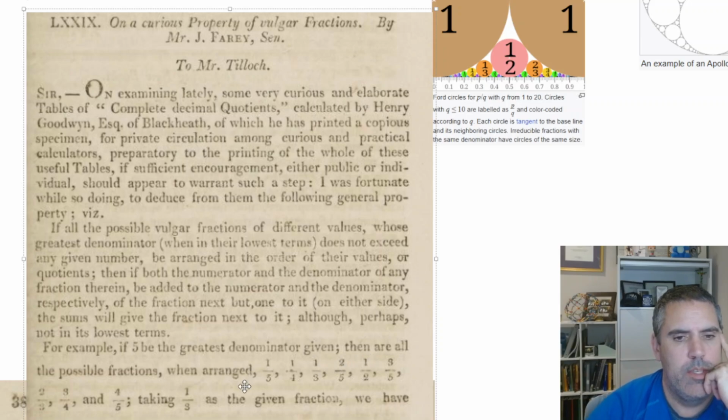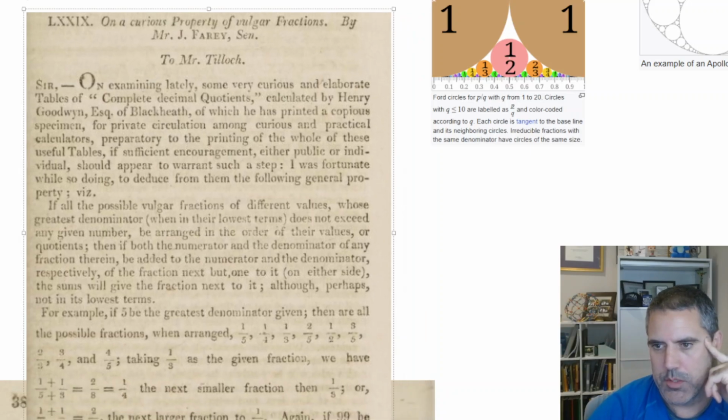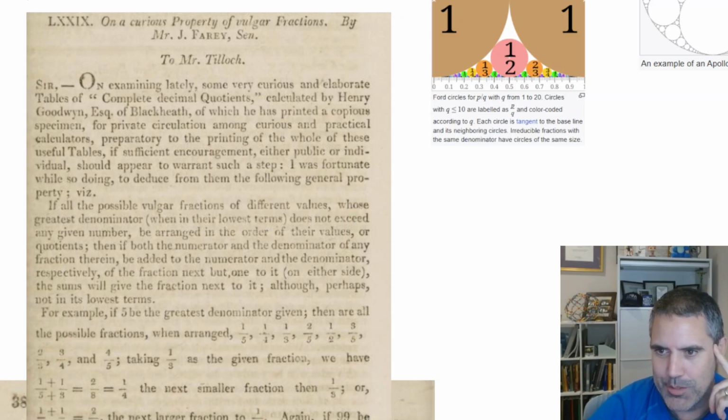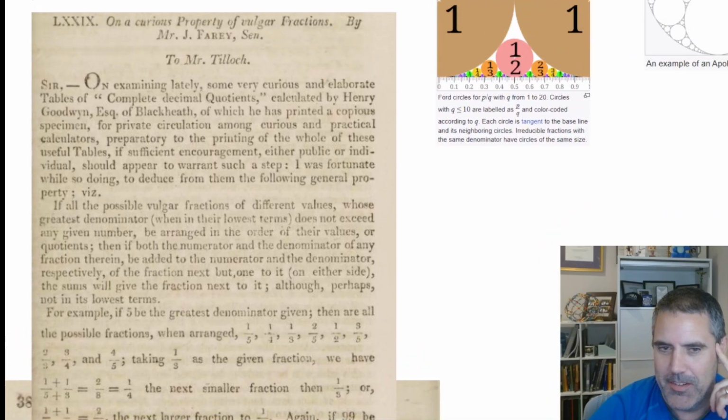Okay. So he wrote down those first few, just like I did in my video. And then he talked about this observation. He didn't prove anything. This wasn't a mathematician. It was just a geologist that observed this thing. And he said, if you just add the numerator and denominator, I'm kind of curious how he was able to typeset that.